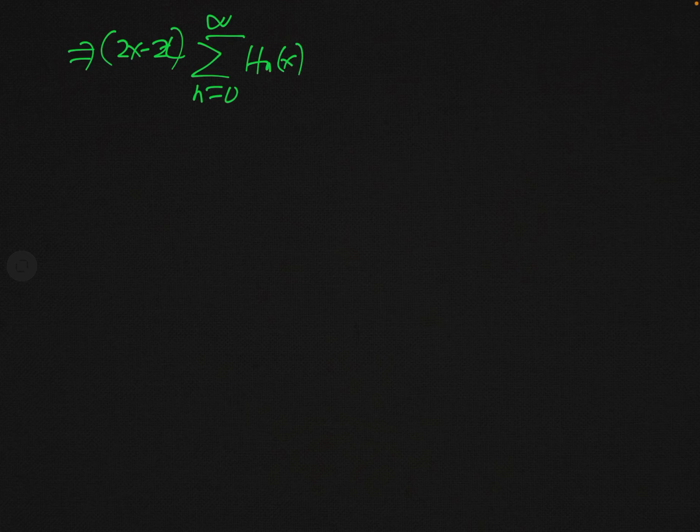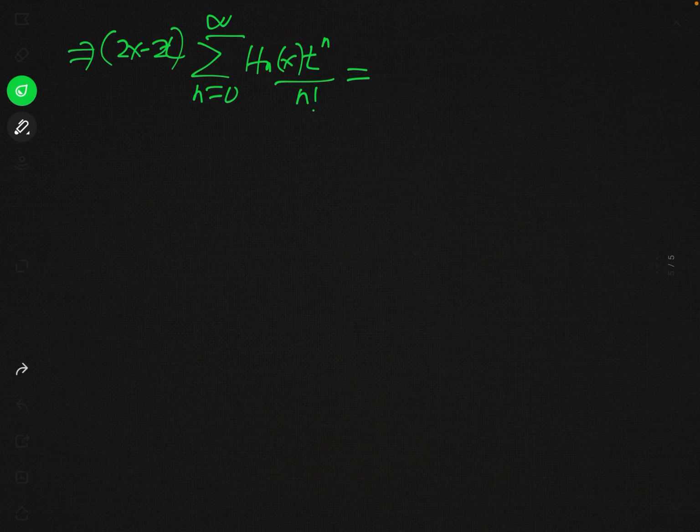This will be 2x minus 2t, and from the generating function expression we can write this exponential factor as summation n 0 to infinity hn of x times t raised to the power n over n factorial.